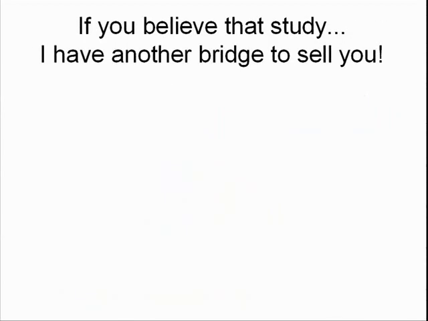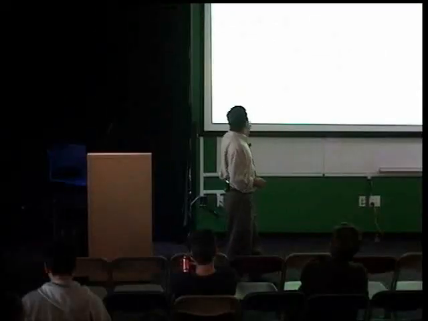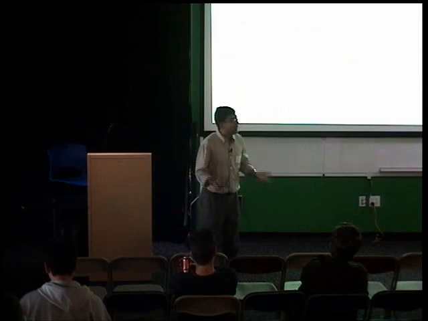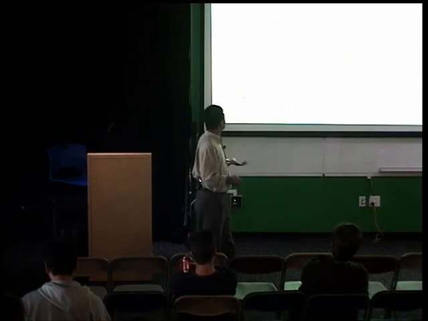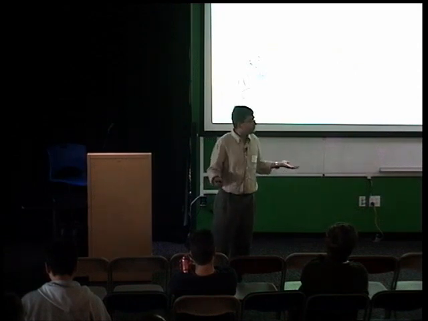Now, if you believe that study, then perhaps I can sell you yet another bridge. The problem with that study is that it's easy to do. I just polled a bunch of my coworkers. But it's not right. It's wrong. And the reason why it's wrong is that it's potentially biased. Your coworkers may not represent the entire population of commuters.